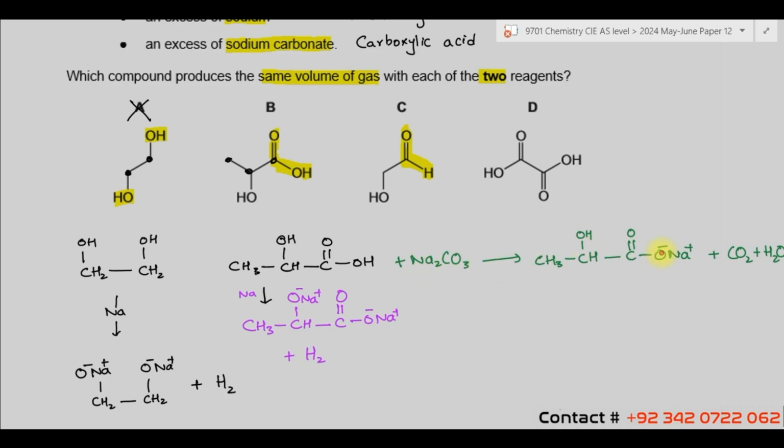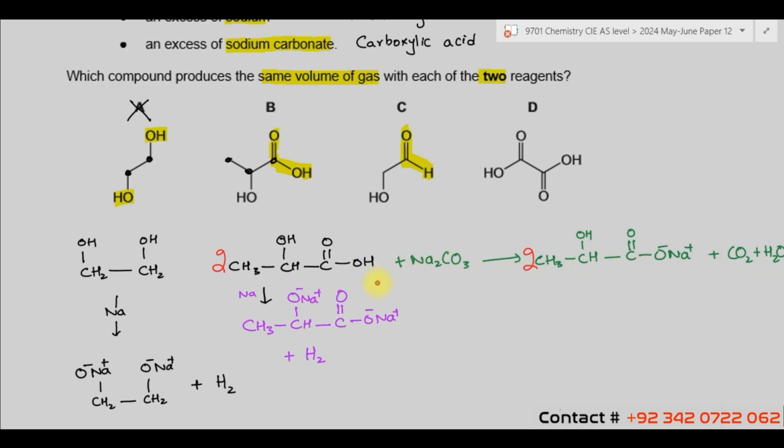We have 2 sodium atoms, so we need 2 carboxylic acid. And then carbon is balanced. Oxygen is balanced, and hydrogens are balanced.